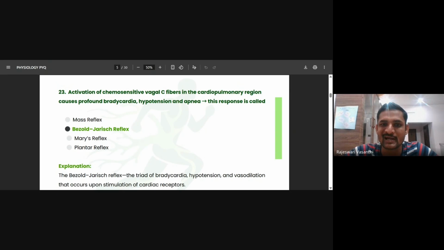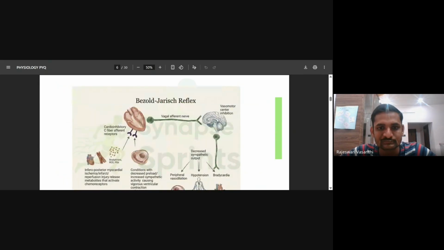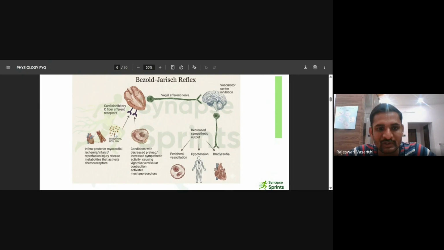This is due to the activation of chemosensitive vagal C fibers, that is, irritant vagal C fibers, by chemicals. This is a diagram showing it. Whenever there is an MI, infarct, or reperfusion injury, it releases chemicals like bradykinins, prostaglandins, and reactive oxygen species. It will activate the irritant cardioinhibitory vagal C fibers.